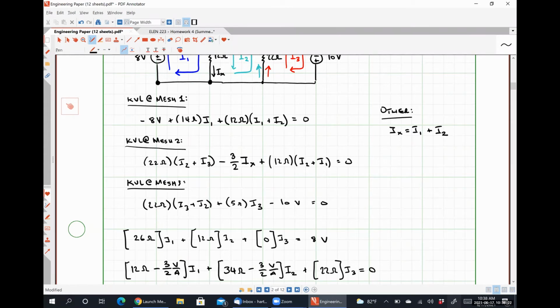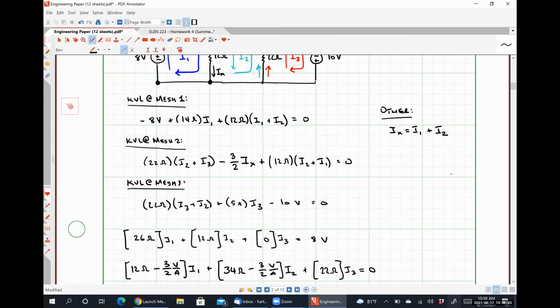So let me just double check this guy real quick. My coefficient for I1 is 12 minus 3/2. That checks out. My coefficient for I2 is 22 plus 12, which is 34, minus 3/2. So that checks out. And then my coefficient for I3 is just positive 22.